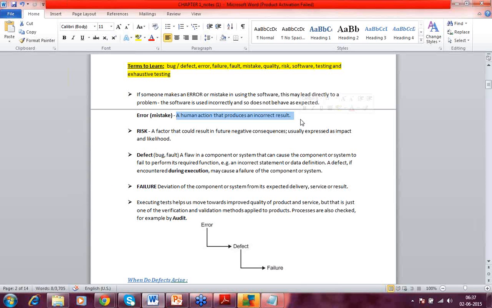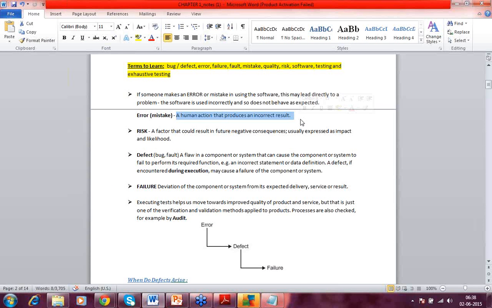Then we also use something called a defect, whose synonyms are bug or fault. People generally use these two synonyms for defect: bug or fault. Basically, we can define it as a flaw in a component or a system that can cause the system to fail or not perform the required operation. For example, the system is not handling the intended expected quantity, that is 1 to 10, and there is actually a defect in the system.